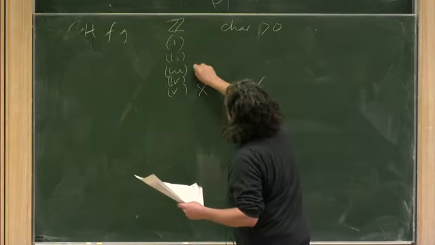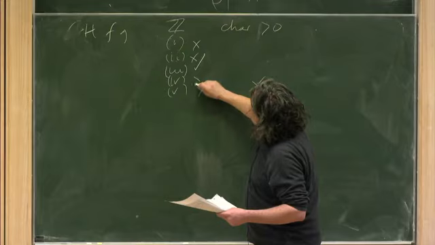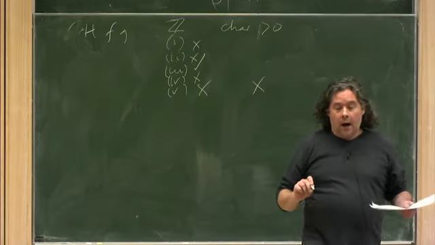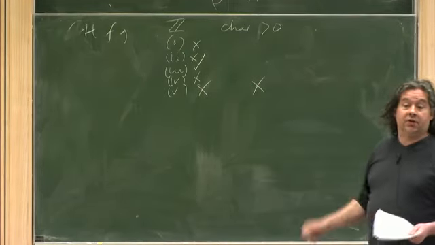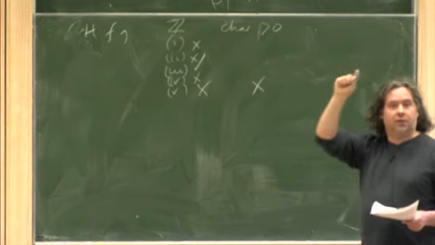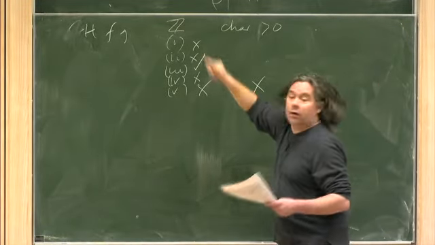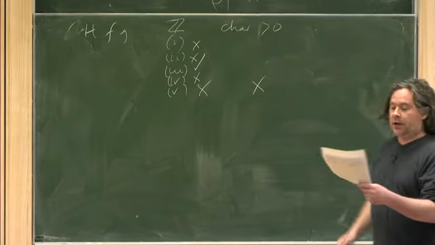So 3 does hold, but 1, 2, and 4 all fail. And there are easy counterexamples. The Heisenberg group of upper triangular 3x3 matrices, 1's on the diagonal, integers elsewhere, will destroy all of those. So again, it's not looking good.